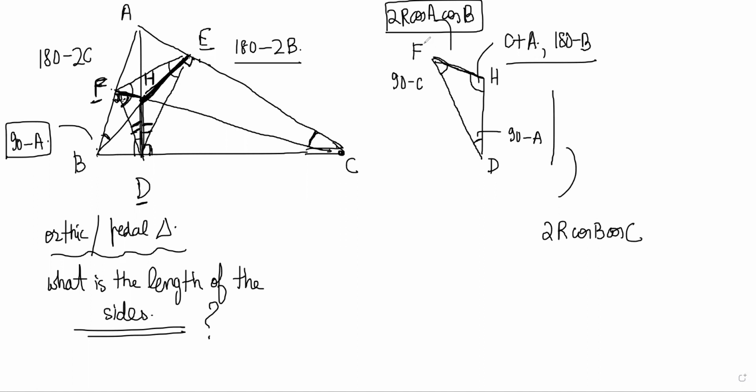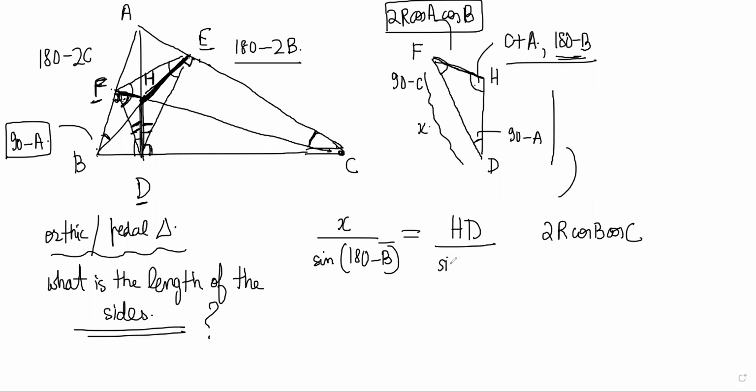So you know two sides, you know all angles. So then obviously you can find the third side by the sine rule. You can do x by sine 180 minus B should be equal to HD by sine 90 minus C, right? This is your sine rule, right?